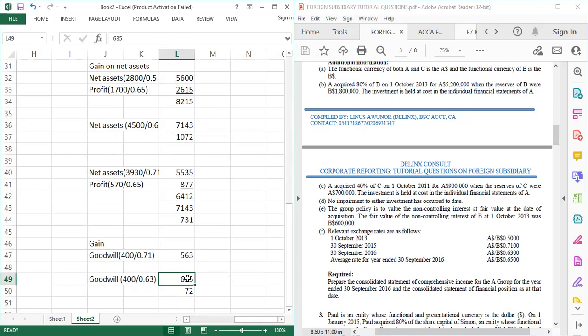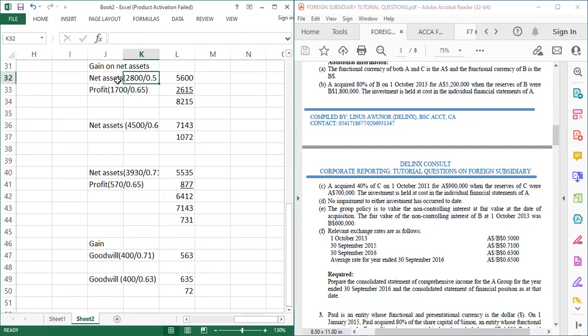That means we are going to do everything at normal rates. The NCI will be translated at the opening rate at the date of acquisition. Then you won't do anything about it again. The share of the profit will be translated using the average rate. Then you will come and do these workings. All the gain that you get for the entire year will be shared in the proportion of the NCI and the parent's percentage holding. That's how we do it.